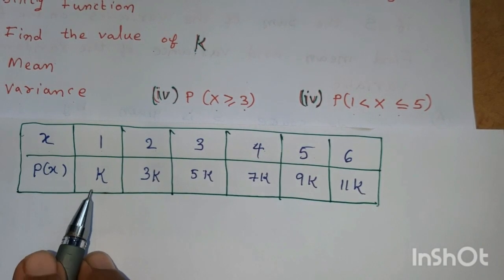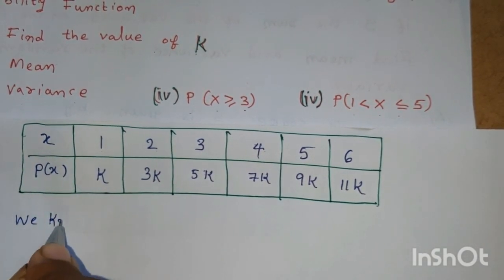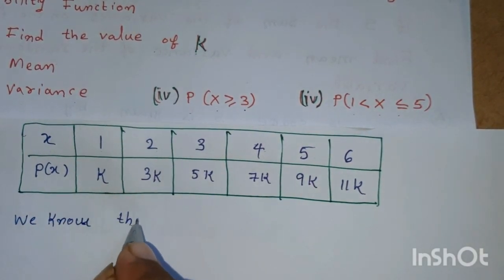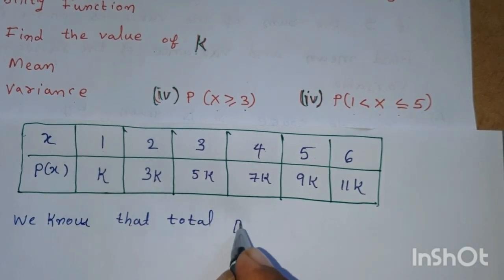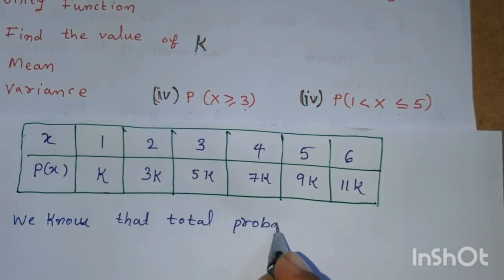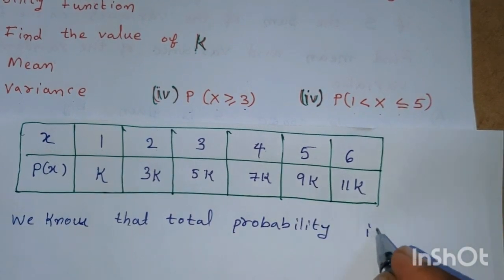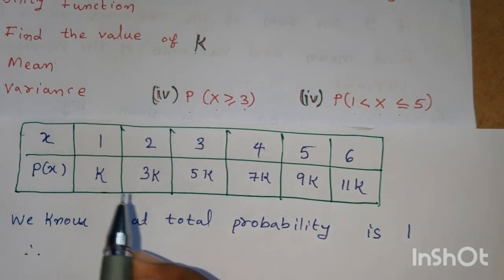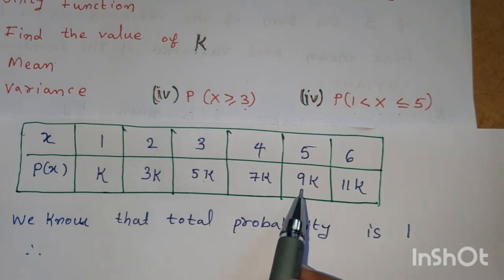We have to find the value of k. We know that total probability is 1. Therefore, here total probability is k plus 3k plus 5k plus 7k plus 9k plus 11k.